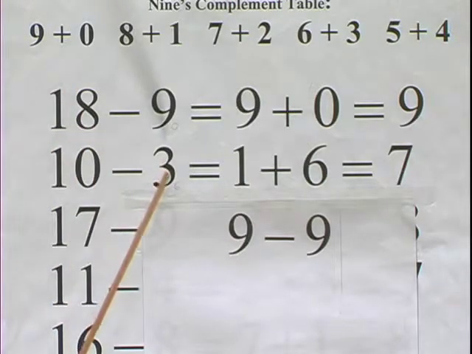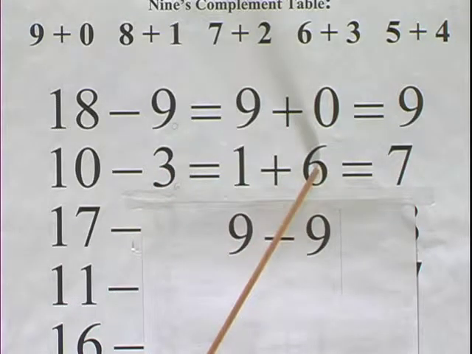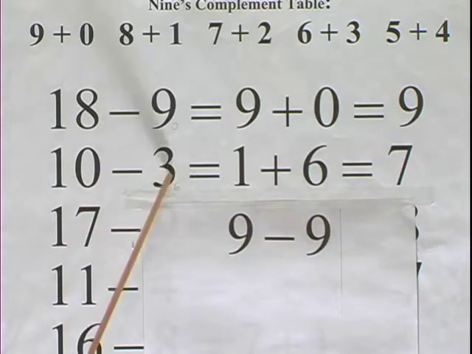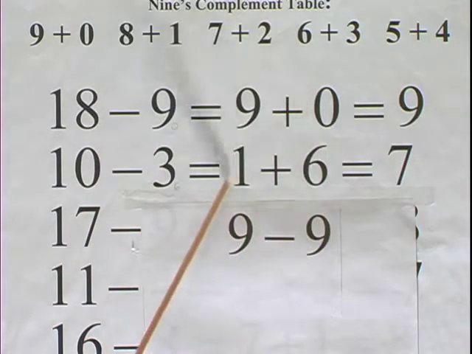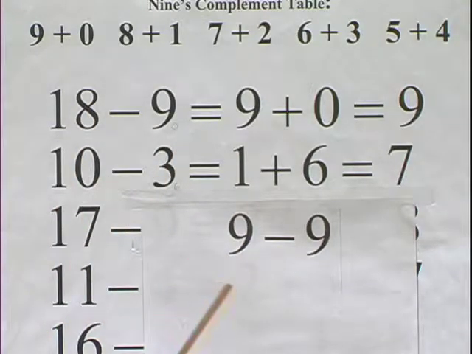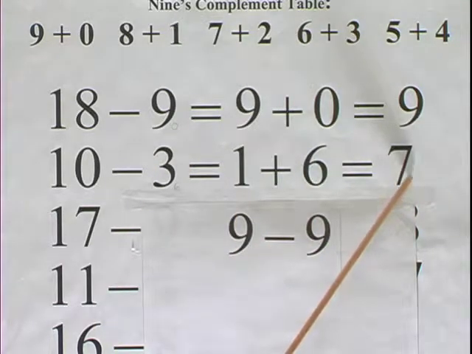I will take the 9's complement of 3, which is 6, and if I add a minus 9 to that 6, I get a minus 3. So these numbers represent the difference between these two. If I add this 1 and this 6, I get a 7. That is the correct difference.